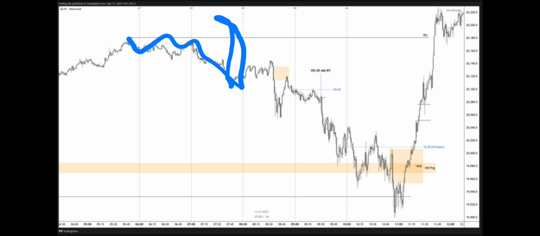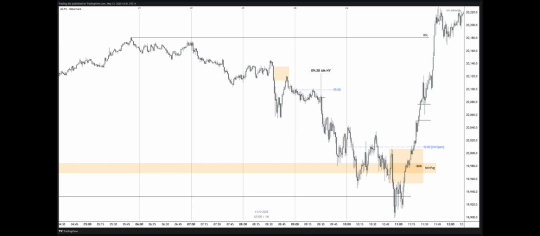On the US 100 or the futures market, the New York session usually opens around 9 o'clock and 9:30. Since we are trying to position ourselves within one H4 candle, I mark out this 9 o'clock.